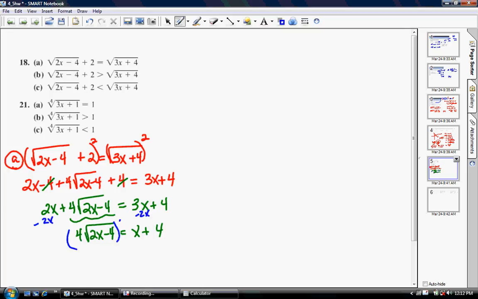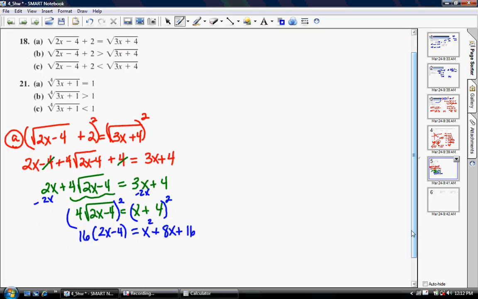So now we can square both sides. It's okay if we have a coefficient, we just have to square that as well. So we would get 16 times 2x minus 4 is equal to x squared plus 8x plus 16. So distributing gives us 32x minus 64 is equal to x squared plus 8x plus 16.